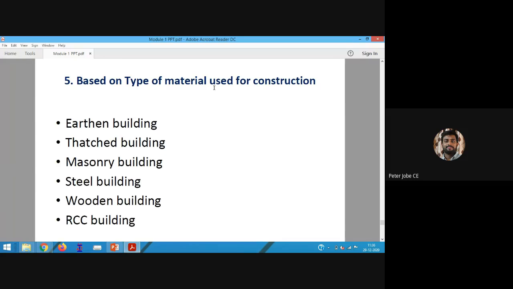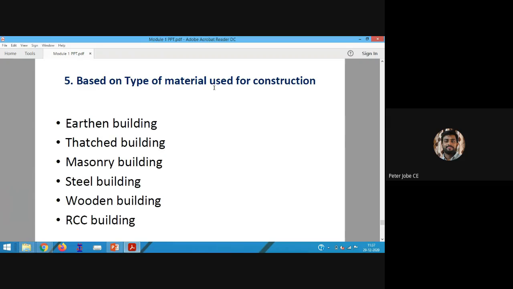They will mix soil with water and make a paste, and they will construct the building using soil. You need to understand that there is no need to provide a foundation for an earthen building.